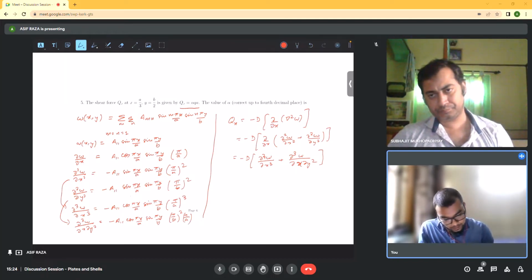So when we take the sum, what will it give me when we take the sum of these two terms?